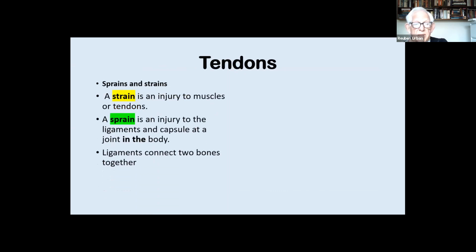Okay, and now the ligaments actually connect the two bones, and I'm sure you've heard of the ACL, the anterior cruciate ligament. There's also a posterior one in the knee to stop the two bones moving sideways, so they can only move backwards and forwards.